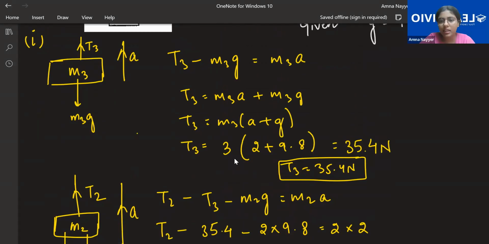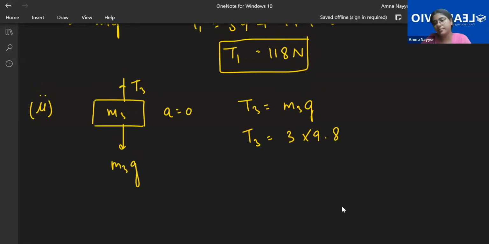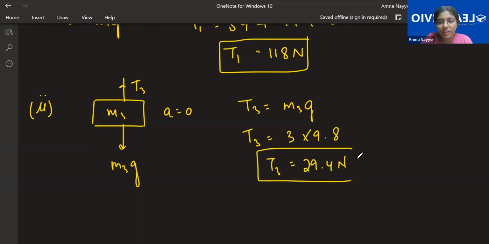So this will be nothing but 3 into 9.8. Got it? So like this even makes the calculation easier when you have the variables where the values are equal to 0. So yes, this will be 29.4 Newton. You have the value of T3.